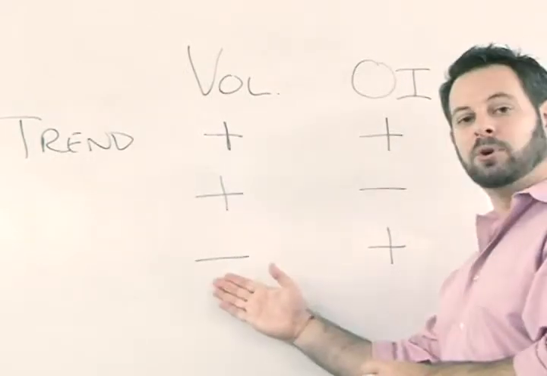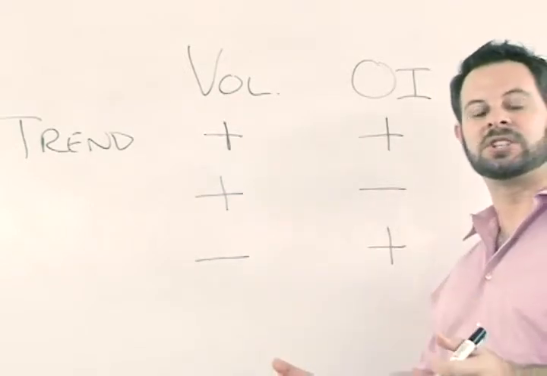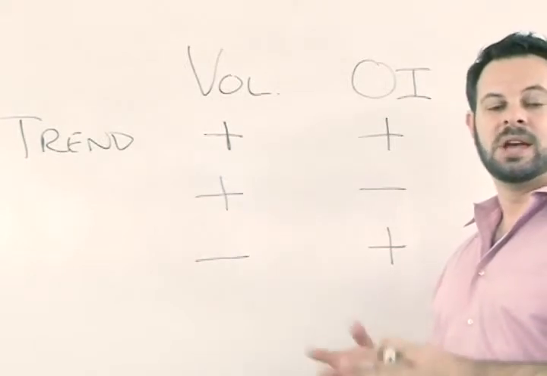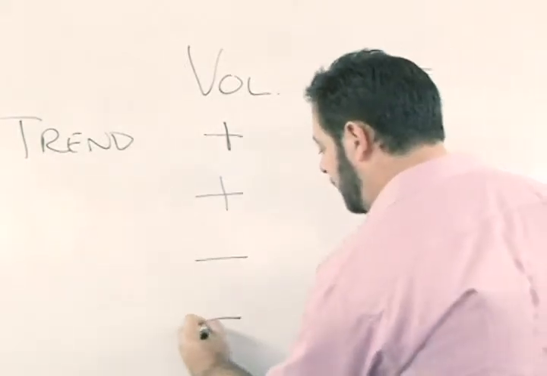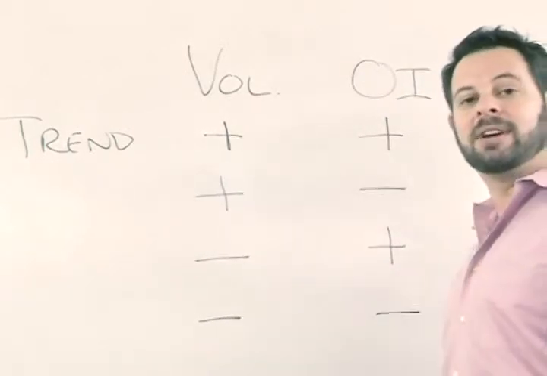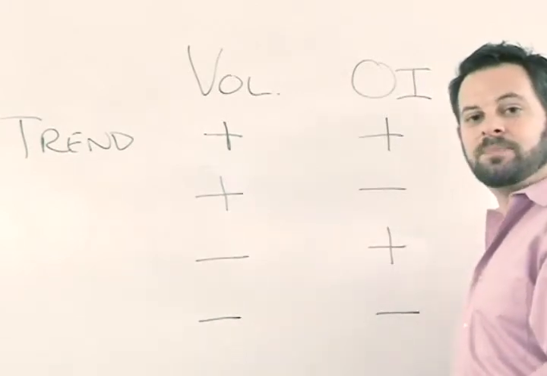There are fewer and fewer people who are actually transacting, but overall the interest is increasing just slightly. That's a sign that your trend is in a bit of trouble. And of course, lastly, if volume is decreasing and we have a decrease in open interest, we are having an exodus from these contracts. Once again, your trend is in trouble.